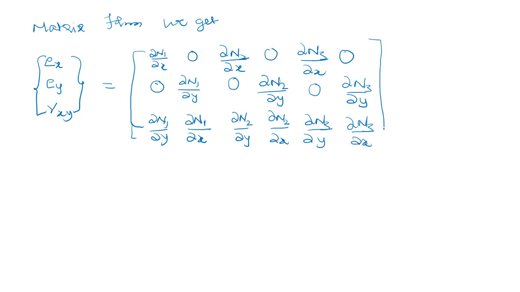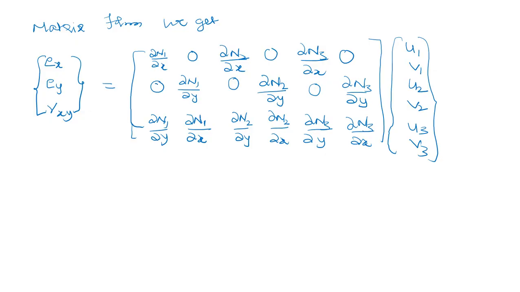Then multiply with the displacement vector u1, v1, u2, v2, u3, v3. This is the displacement vector.